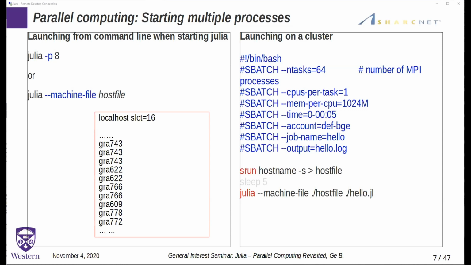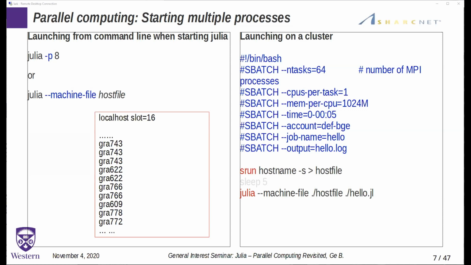here is a sample job submission script. You define the number of tasks, which correspond to the number of MPI ranks or MPI processes. And then you define your runtime, memory requirement, your group account, job name, and output, and so on.